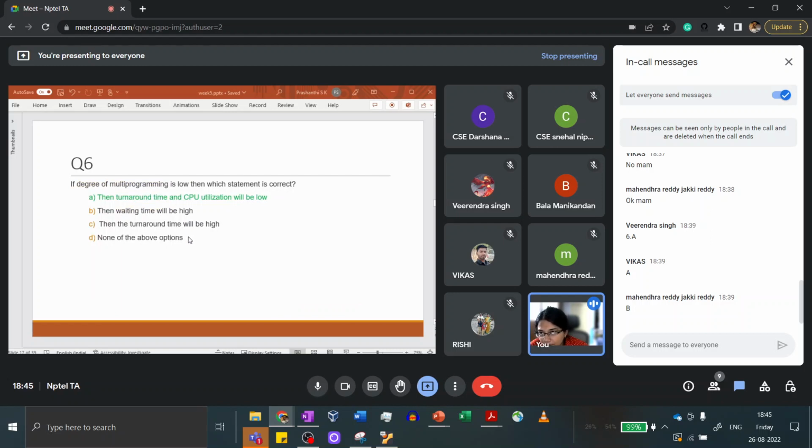Whereas if you have a long queue, then your wait time will be high, your turnaround time will also be high, and the utilization expectedly will be high. So hope this makes sense.